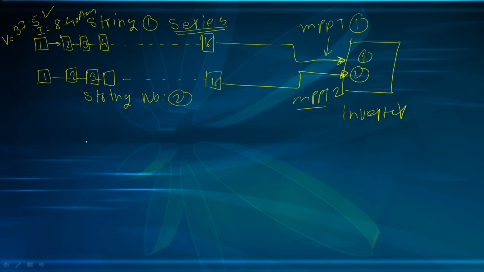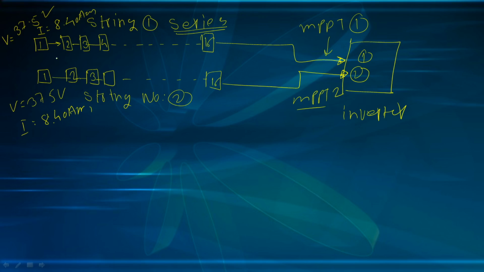When we talk about the voltage acceptability, in this case the individual panel has a voltage of 37.5 volt and the individual current is 8.40 ampere. Whenever we connect panels in series, 16 panels are connected in series combination.